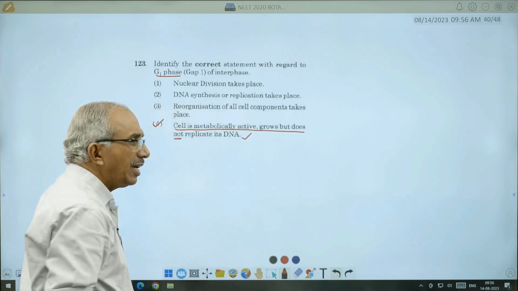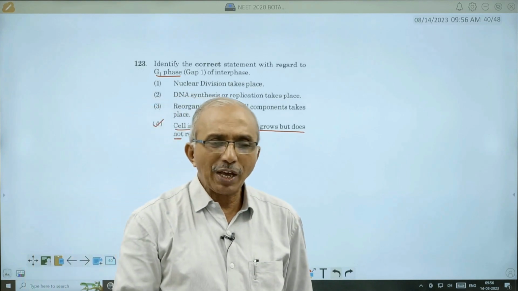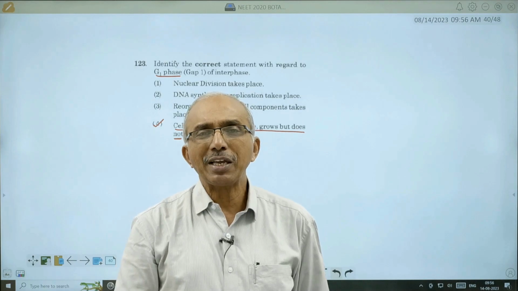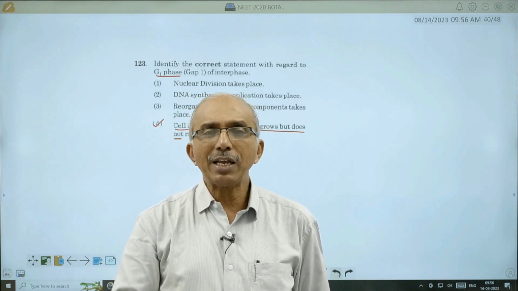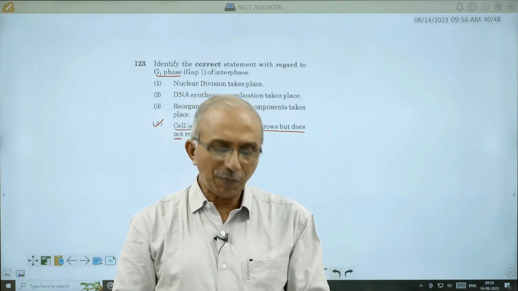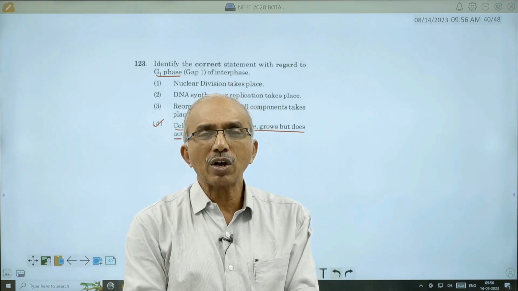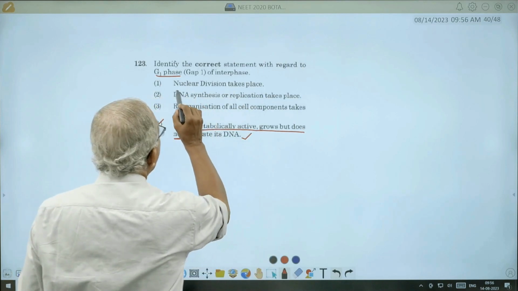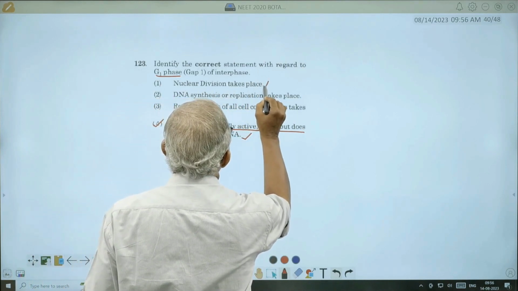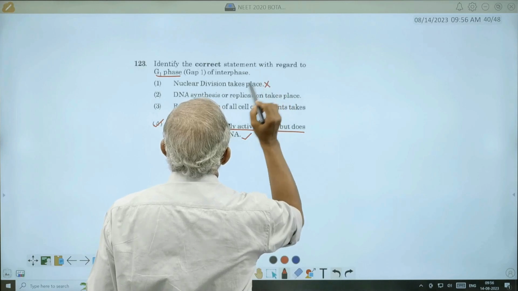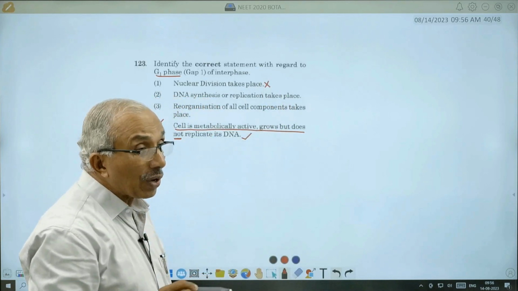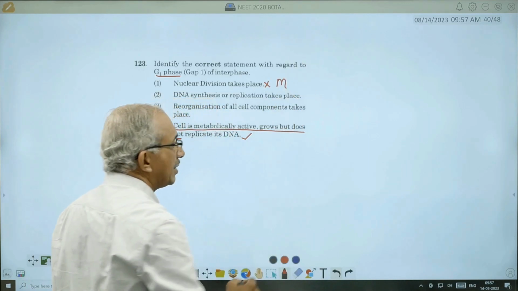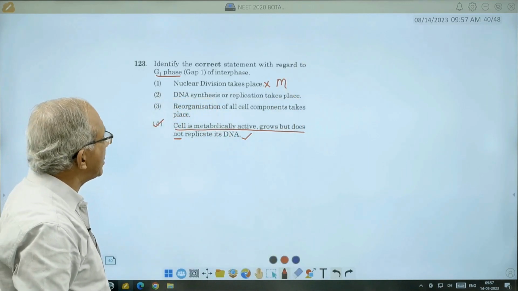It is correct. In G1 phase, there is no DNA replication. DNA replication occurs in the S phase. So that is correct. Then, nuclear division takes place: it is wrong. Nuclear division takes place in the M phase, that is karyokinesis.